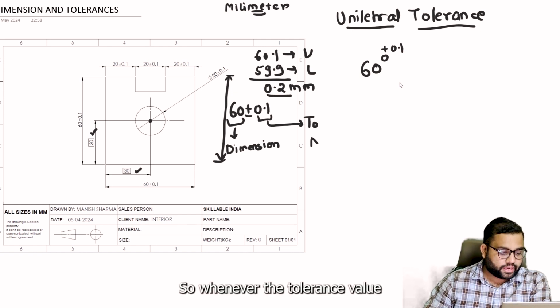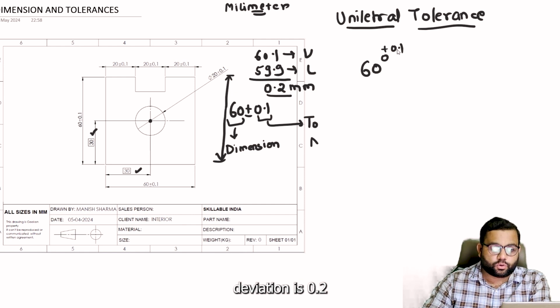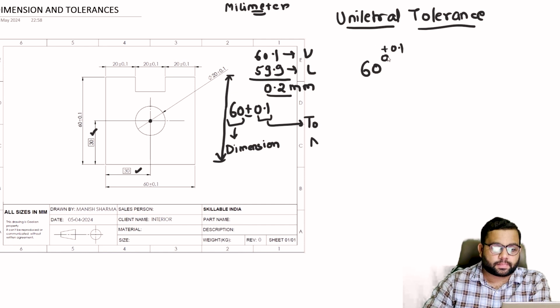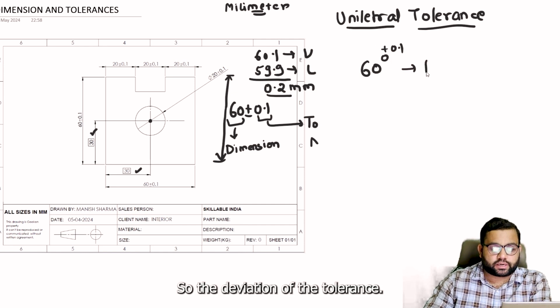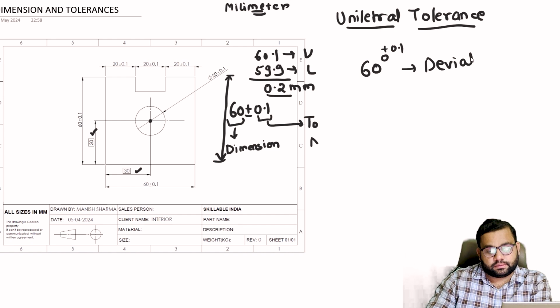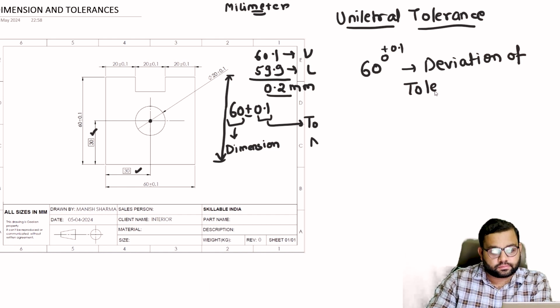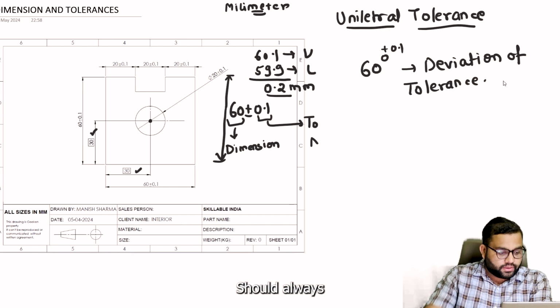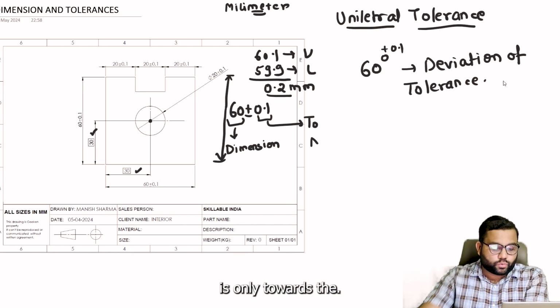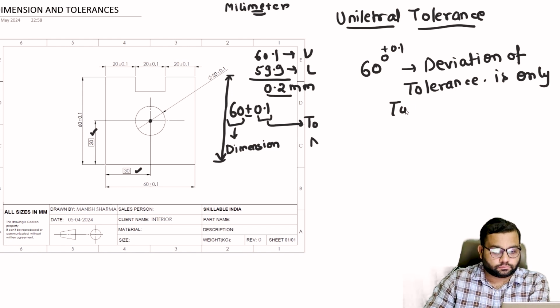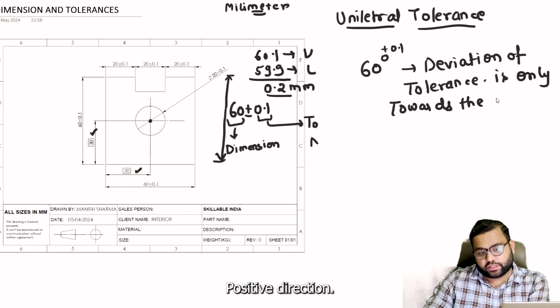Whenever the deviation of the tolerance is only towards the positive direction, it is unilateral.